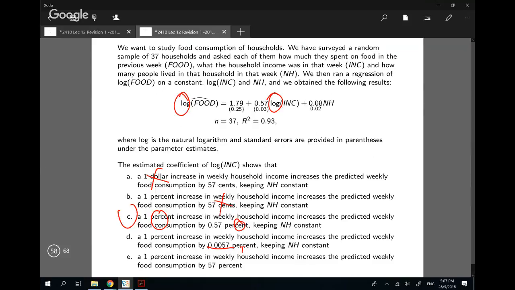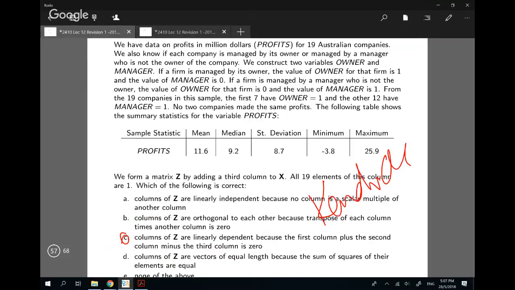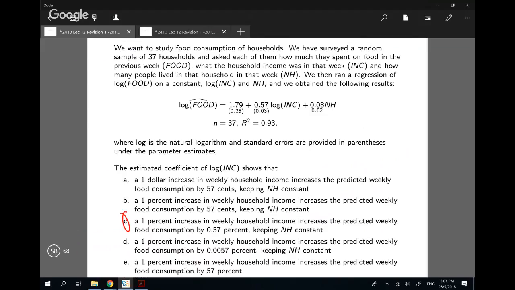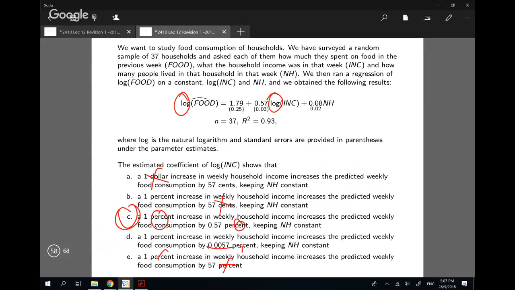You don't need that because it's log. And this is 1% and 57%. That's multiplied by 100. So you don't need that either. So it should be C.